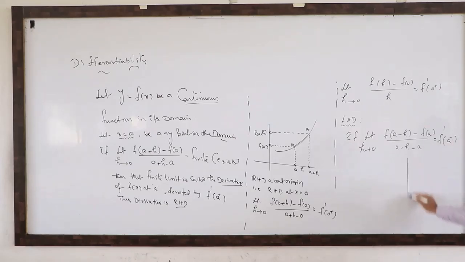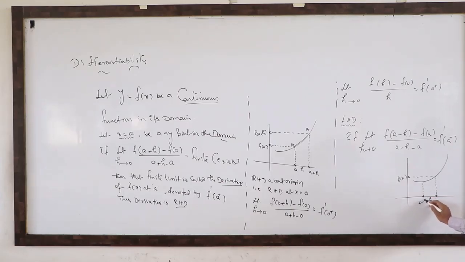Then what is the diagrammatic notation? Suppose this is A, f of A. Going left hand side of A, h units. Here, h units traveling left.